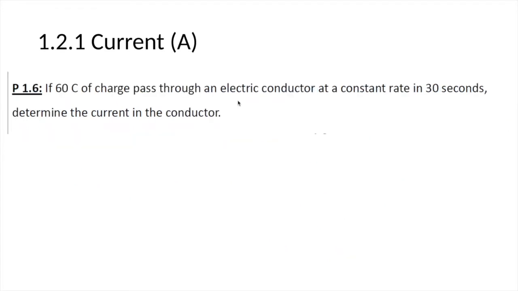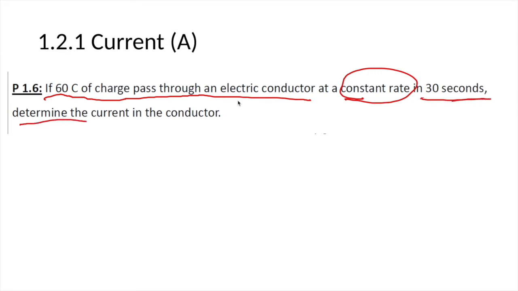The other example is that the charge is known. If 60 C of charge passes through an electric conductor at a constant rate, this is very important, in 30 seconds, determine the current in the conductor.